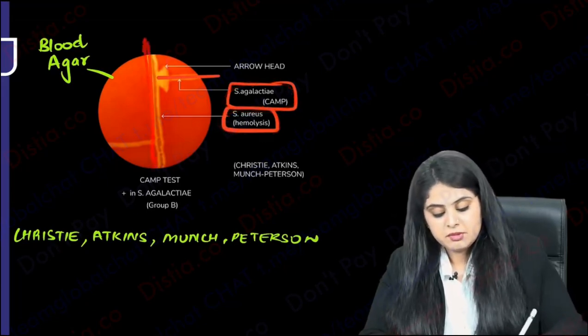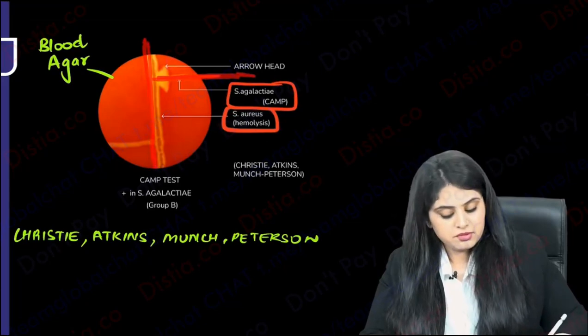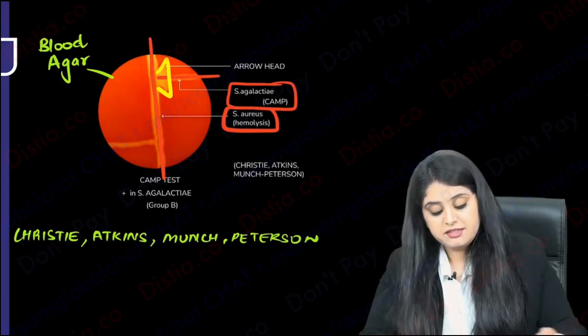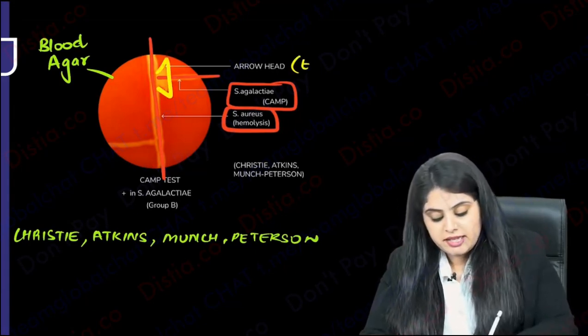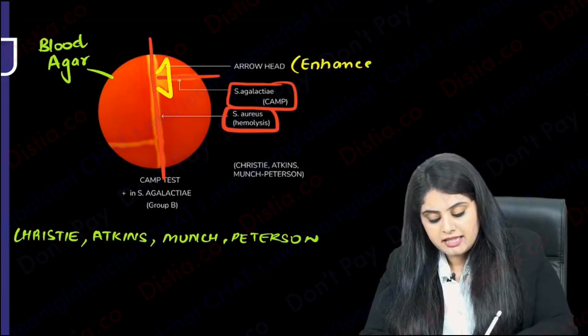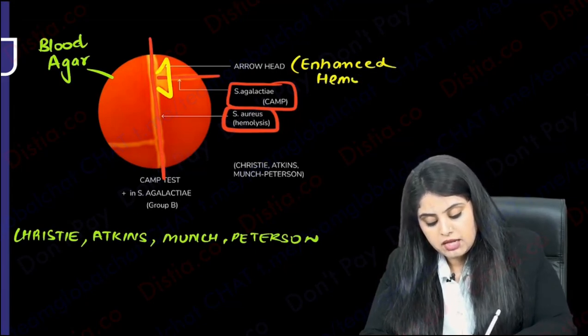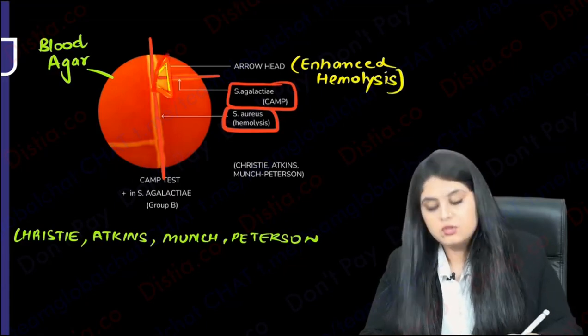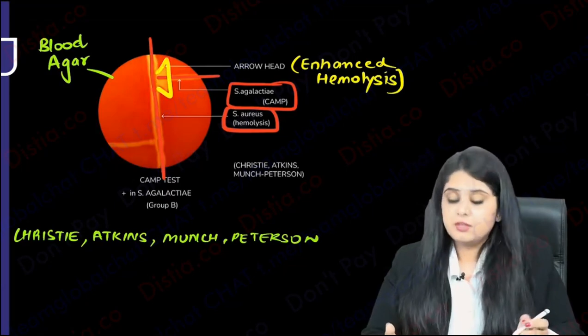When one hemolytic person will meet another hemolytic person, what is going to happen? When both of them meet, there is enhanced hemolysis. So there is an area of enhanced hemolysis that is going to occur, known as the arrowhead location. That is the arrowhead that is going to occur. That is enhanced hemolysis that you all have to know.